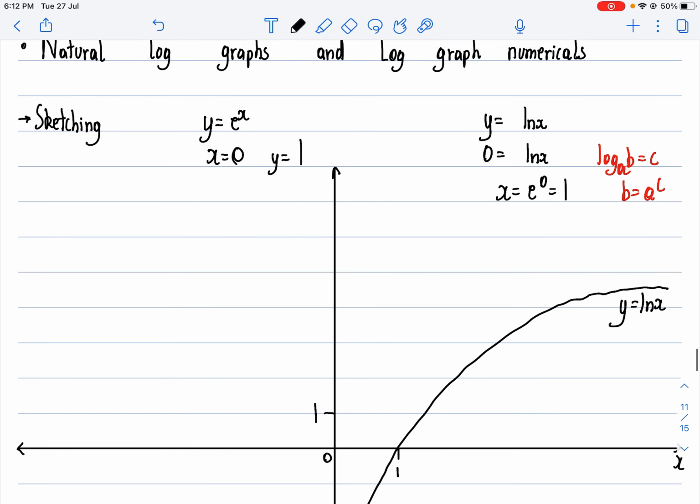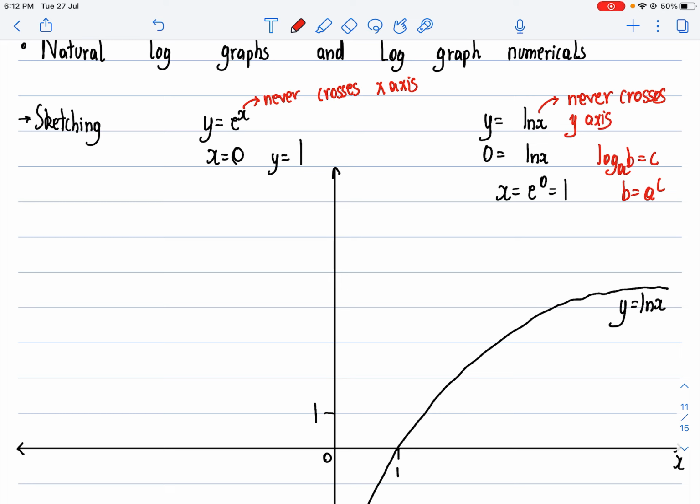I'll just write it here. This never crosses the x-axis, and this never, actually, you can write never crosses the y-axis.